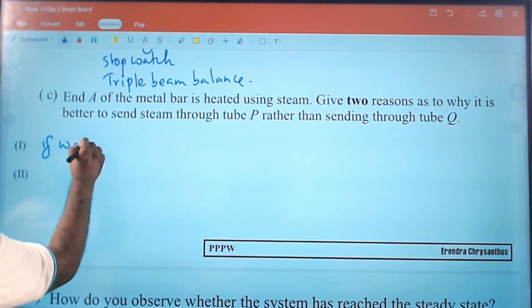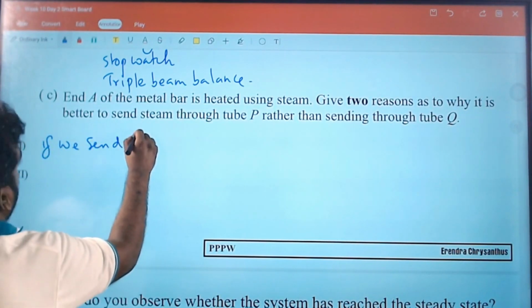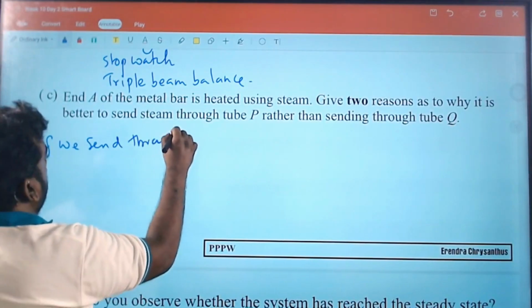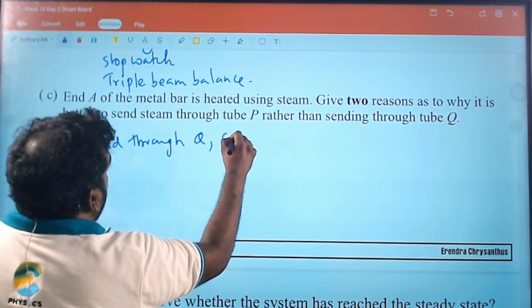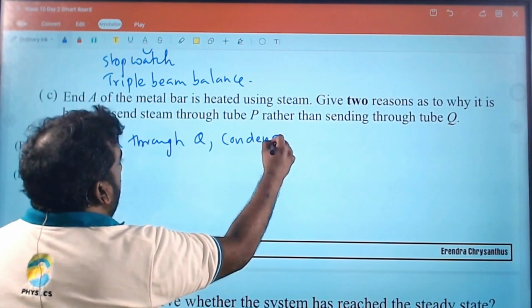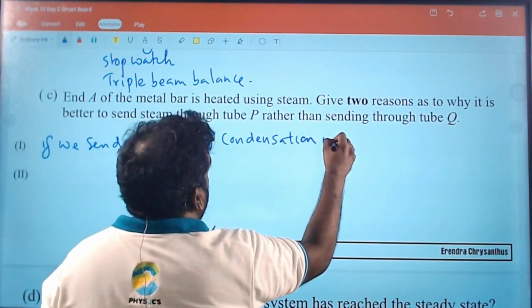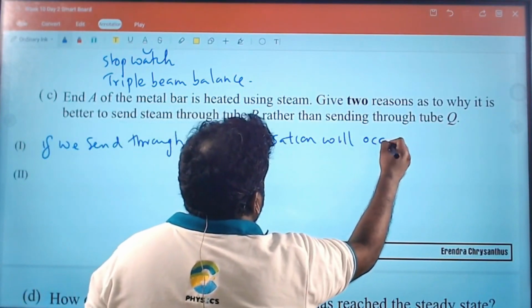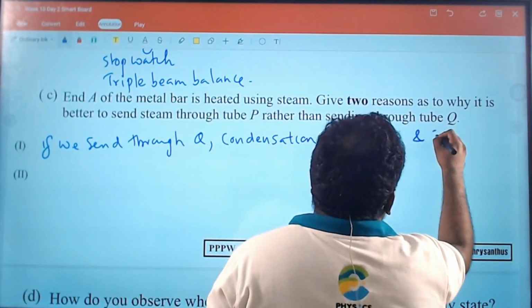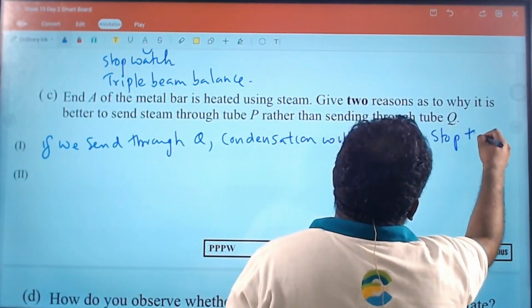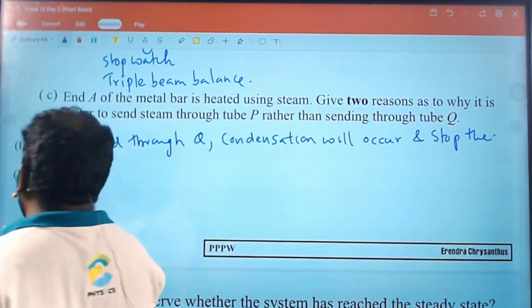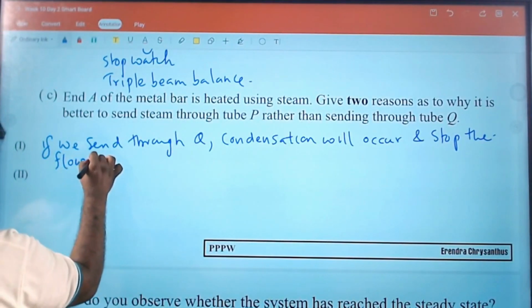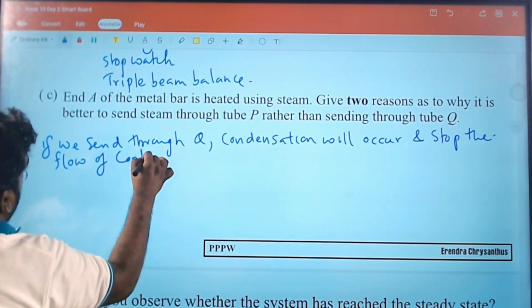If we send through Q, condensation will occur and stop the flow of continuous steam.